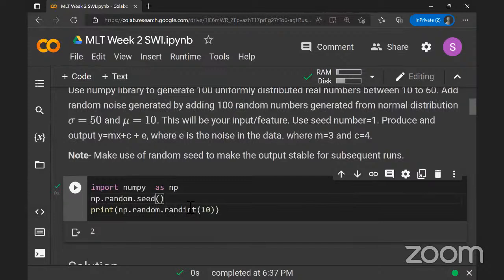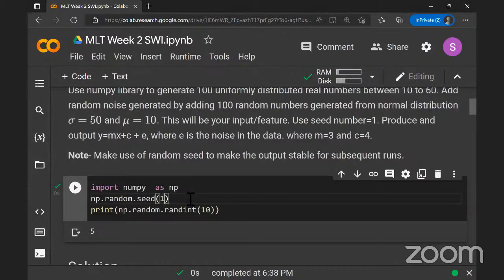But in order to use the randomness in my experiment and still make sure that the experiment is reproducible, I put some seed number. If I put 1 over here, and even if I run this hundreds of millions of times, I'm going to get the same output.